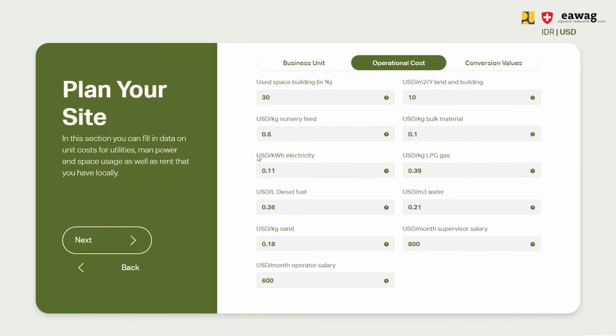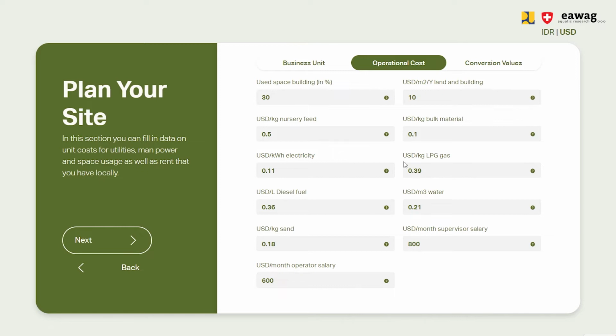Then in options 4, 5, 6, 7, and 8, you will find values for US dollar per kilowatt of electricity, US dollar per kilogram of LPG or liquefied petroleum gas, US dollar per liter of diesel fuel, US dollar per cubic meter of water, and US dollar per kilogram of sand.